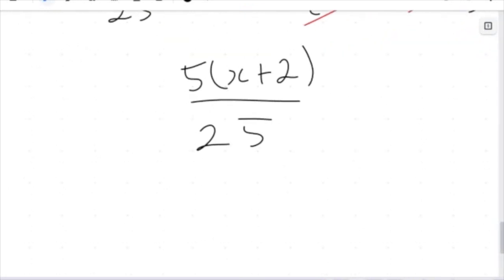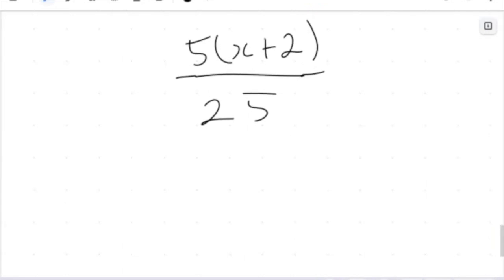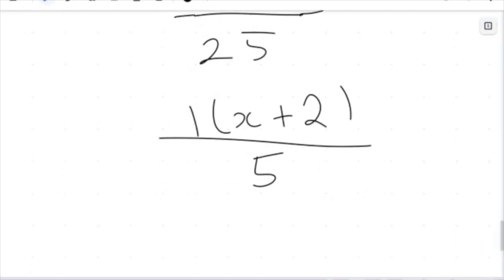And now I can see finally that if we look at my whole numbers, because there's nothing more we can do with x plus 2, my 5 and 25, I have a number that goes into both of those, and that is 5. 5 goes into 5 one time, and that cancels out with the 5 on the bottom, because 5 goes into 25 5 times.